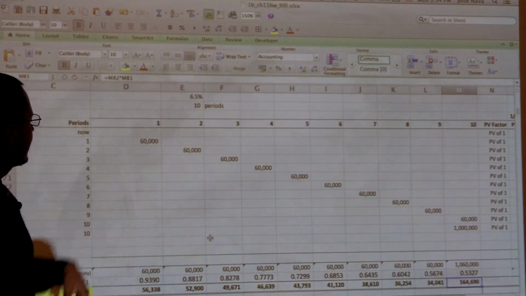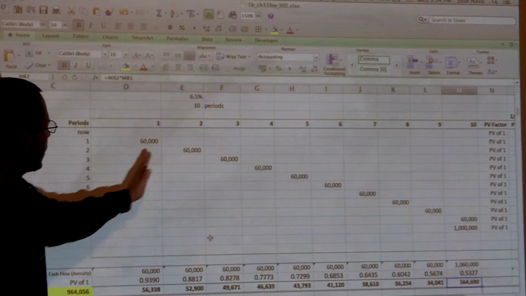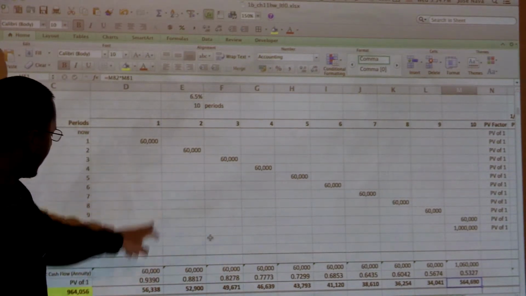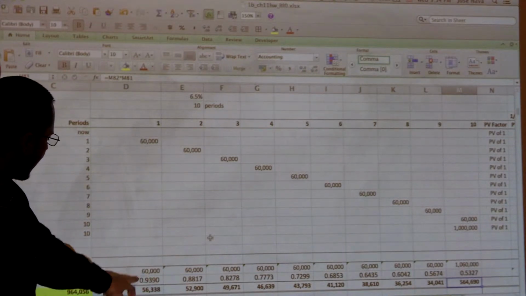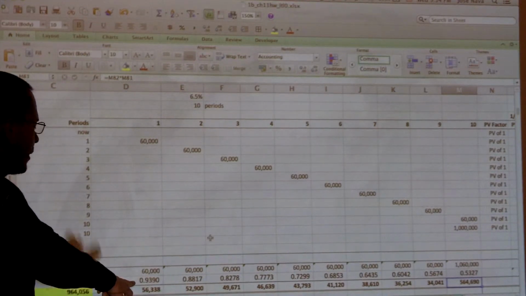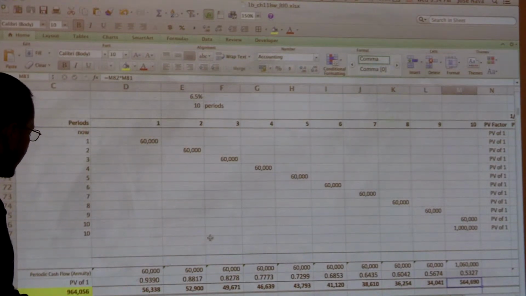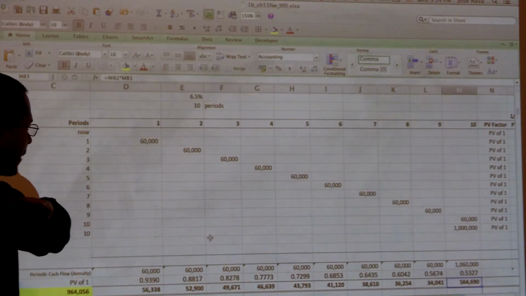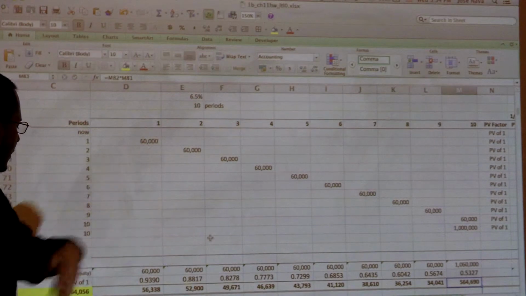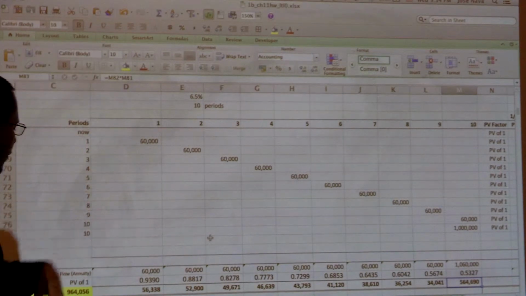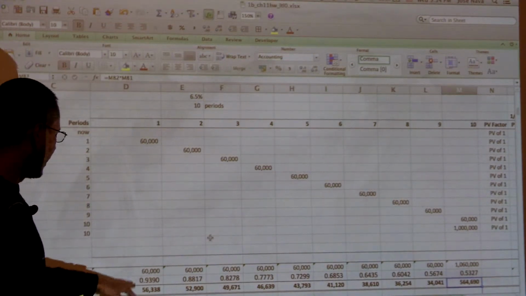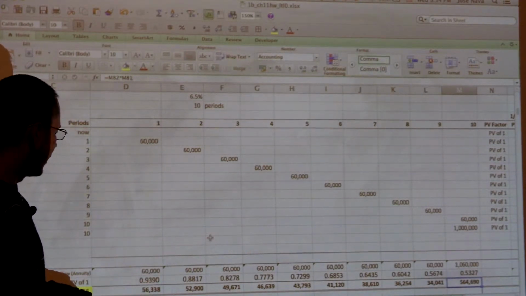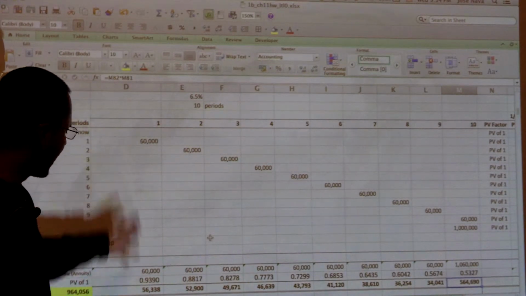Since this $60,000 happens at the end of the first 6-month period, I put the 60,000 here, and I apply the present value factor of a single amount at period 1 and the column for 6.5%, and that will give me this present value factor for this specific amount, for this specific time.